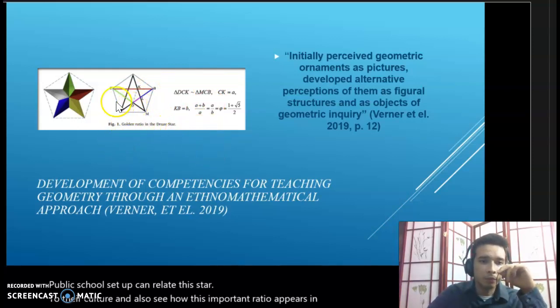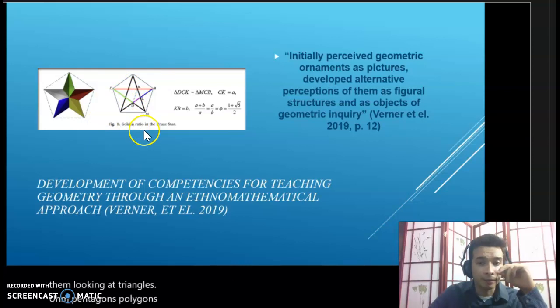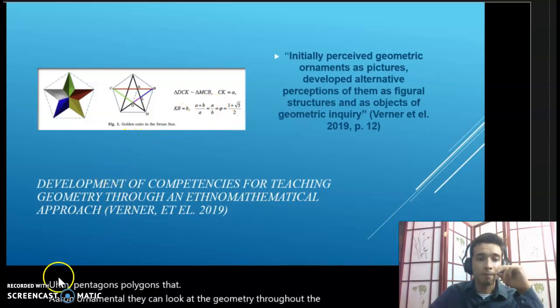So instead of looking at triangles, pentagons, and polygons that are ornamental, they can look at the geometry throughout the whole environment.